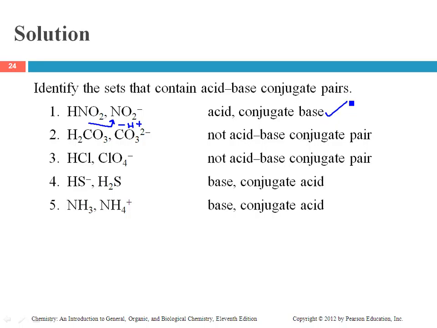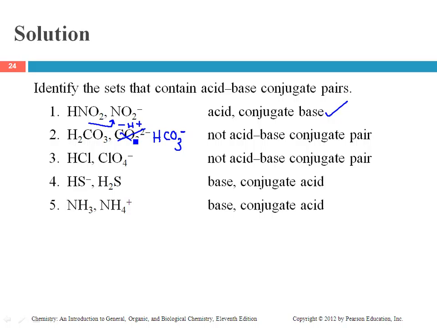If we lose a proton from carbonic acid, then we should end up not with this, but with this. So it actually went ahead and lost both protons. So here, it's only different by 1 proton, so this would not be, originally would not be the acid-base pair.